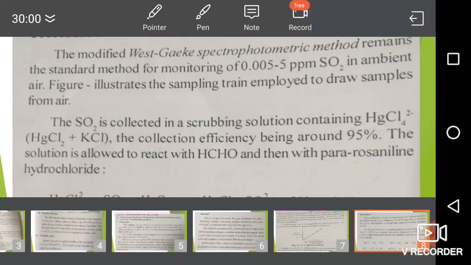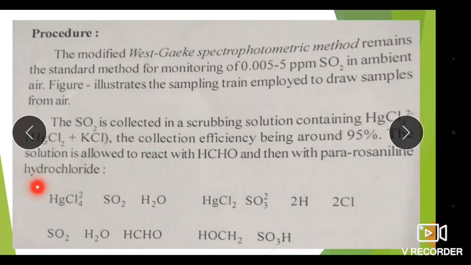With the help of this, SO2 reacts with and is absorbed by HgCl4 2-, forming the SO3 complex. It then reacts with formaldehyde, and with this reaction we get the SO3H, that is the sulfonic acid.